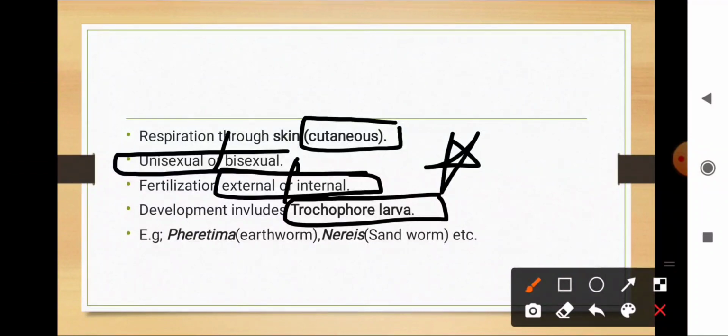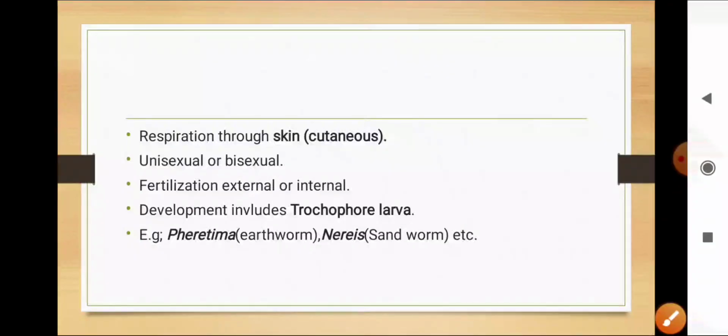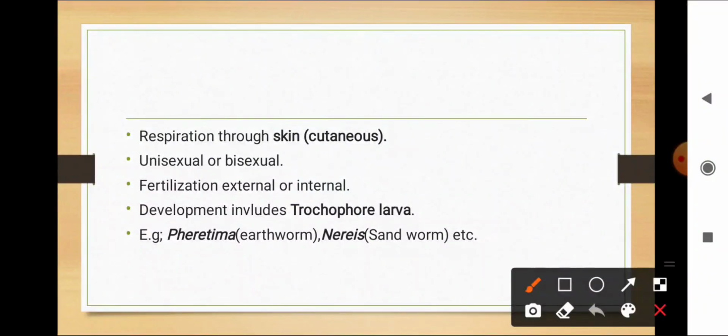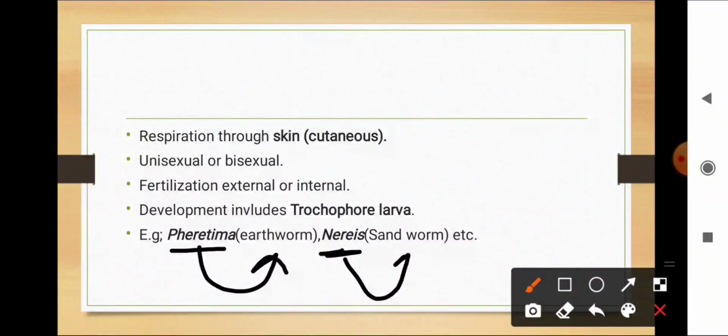The trochophore larva is formed during the development of phylum Annelida. Some examples of phylum Annelida are Pheretima, that is, Pheretima posthuma, the common name of which is earthworm, and another example is Nereis, whose common name is sandworm. Okay.